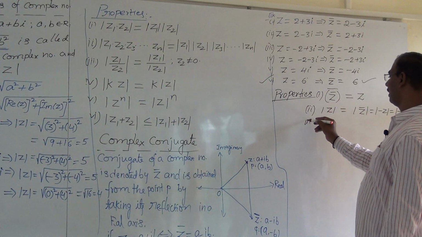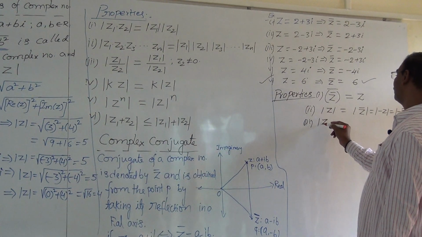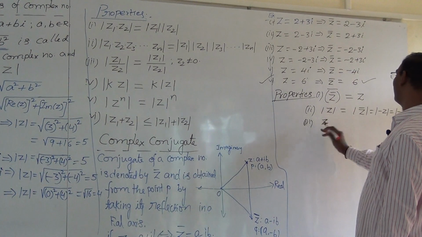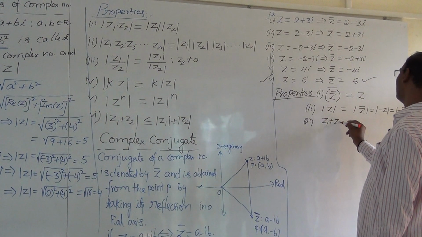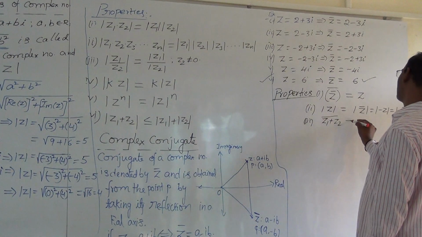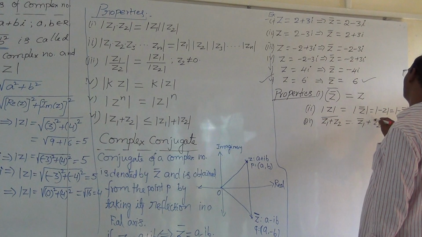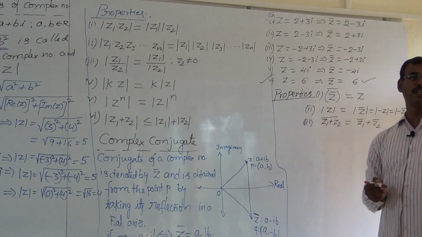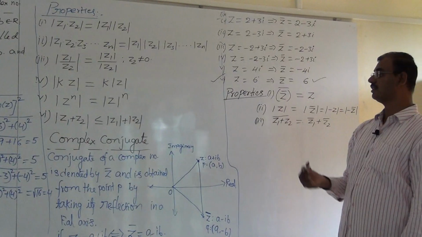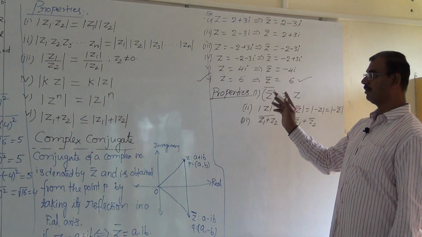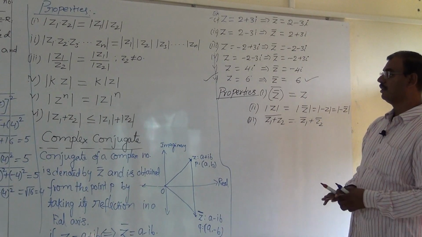Then the third property: Z1 plus Z2, whole bar, is equal to Z1 bar plus Z2 bar. These are very useful properties to solve problems. That's why keep all these properties in your mind. Don't neglect them, do not give up.